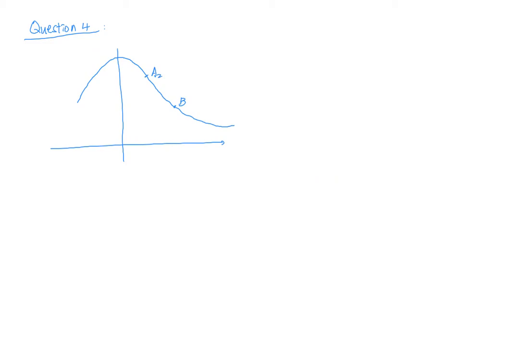Okay, now question 4, they have given you a function. All the questions are very basic. And B is the inflection point, correct? So this is your B. And here is your A2. And here is your A1.